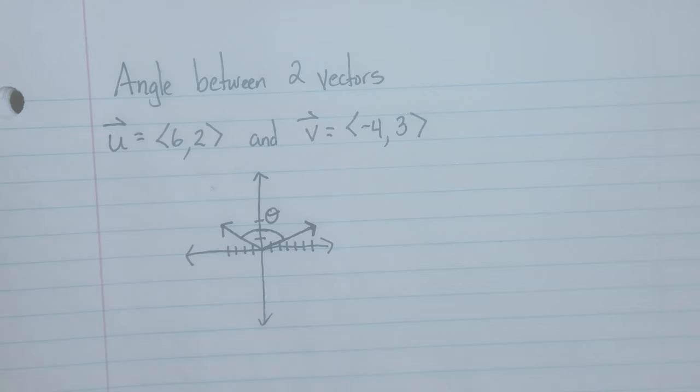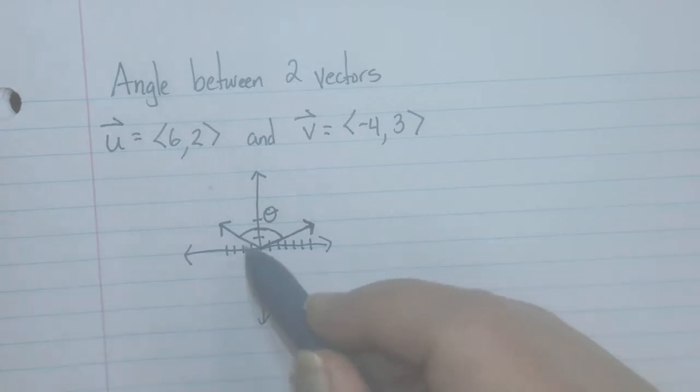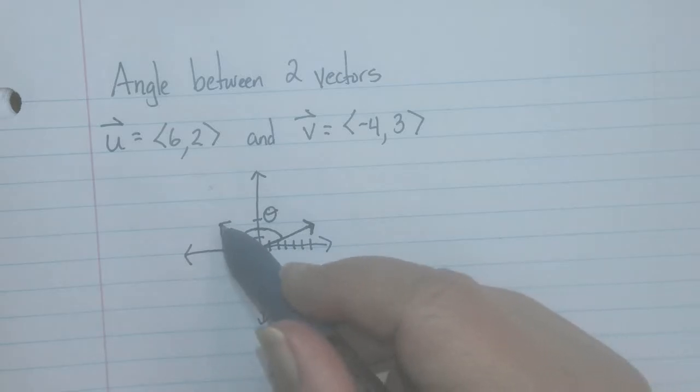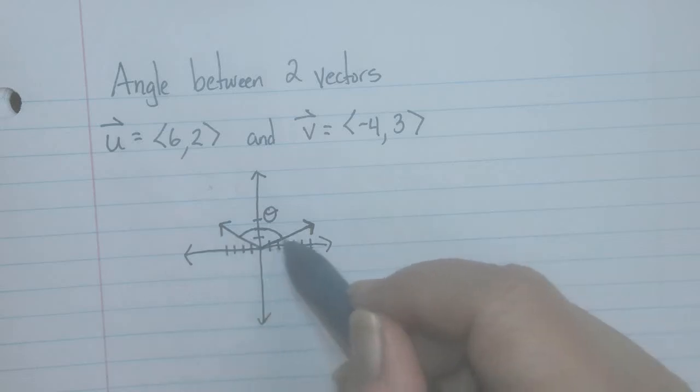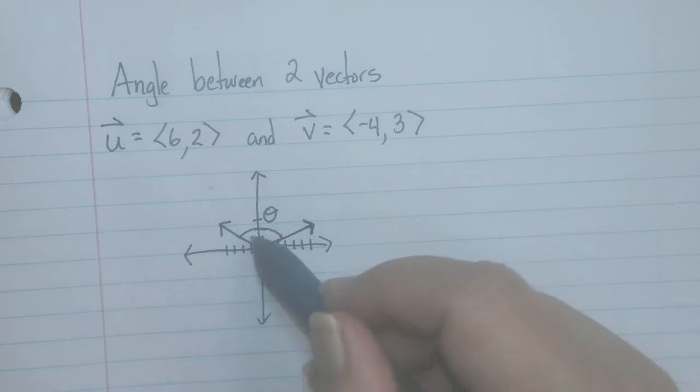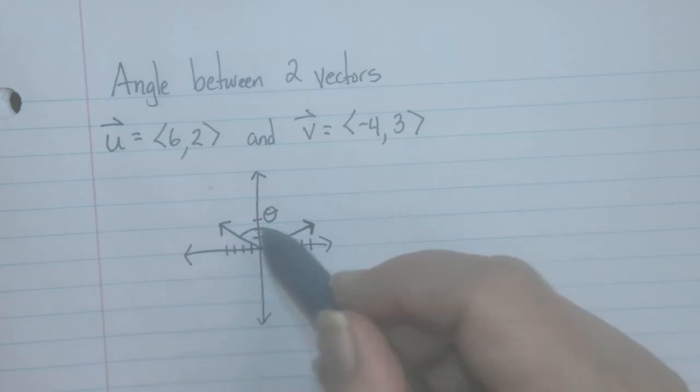Now, there is a way to prove this formula. This formula actually comes from the law of cosines. So think about the law of cosines. We know how long these two vectors are, right? Because we can find their magnitude. And then you can use the law of cosines to find your missing angle here.